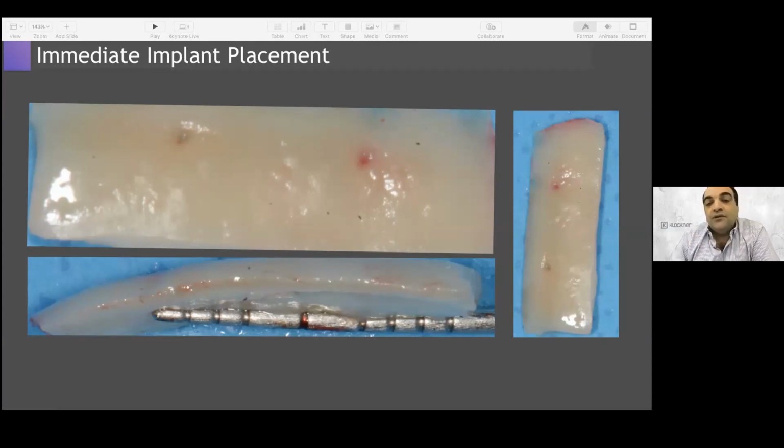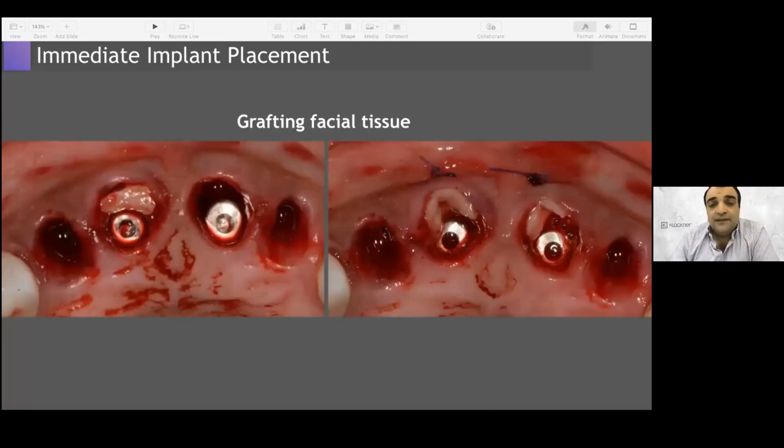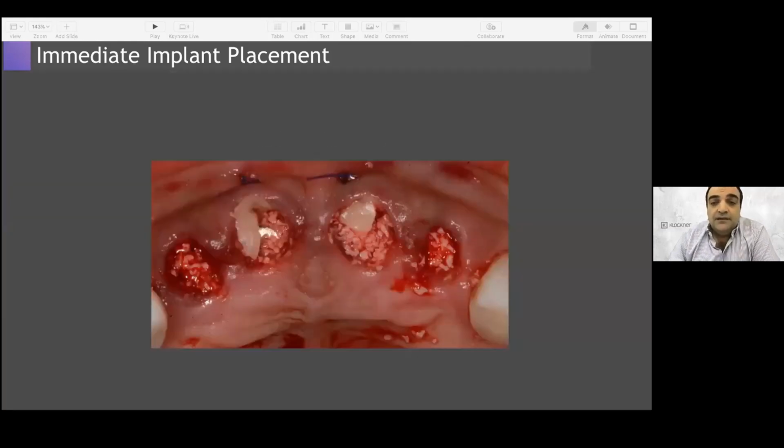to do a connective tissue graft simultaneously. And we are going to graft the gap with a xenograft bone. And all this procedure, we prefer to do it flapless. And when we can, we are going to do immediately our temporary bridge or temporary crown.